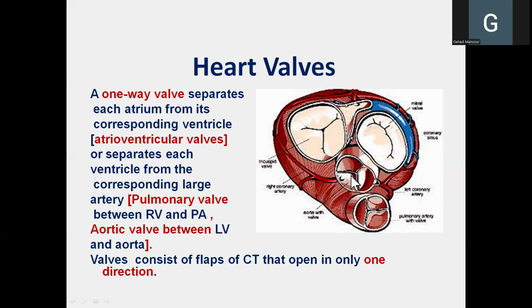The two valves are semi-lunar valves. And then here we have the tricuspid valve and the mitral valve. So if you are ever asked about the atrioventricular valves, then we are talking about the tricuspid valve and the mitral valve.